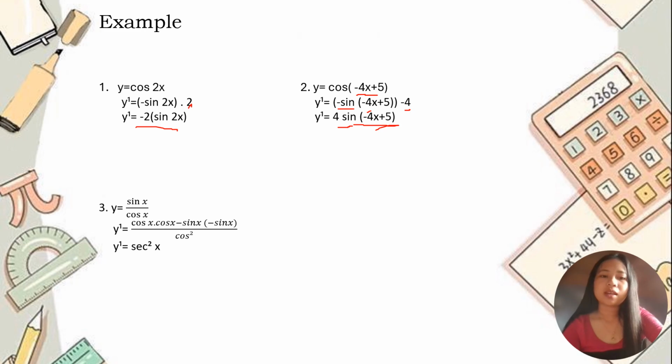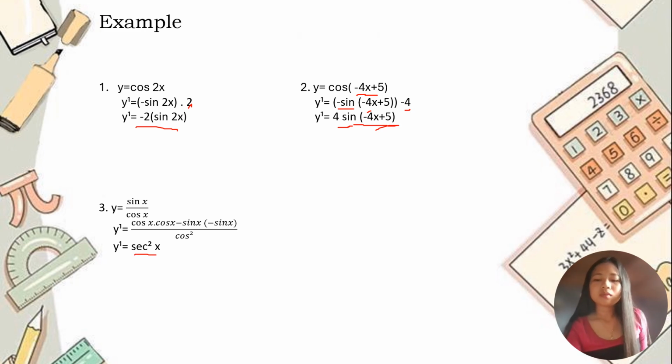By simplifying, y prime is equal to secant squared x.